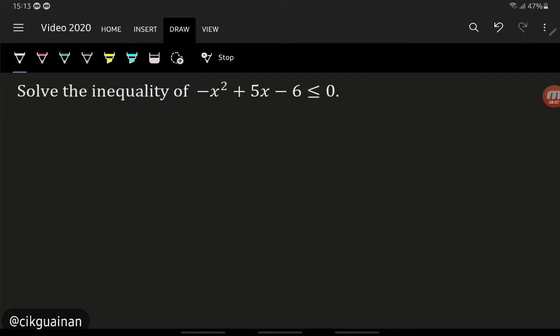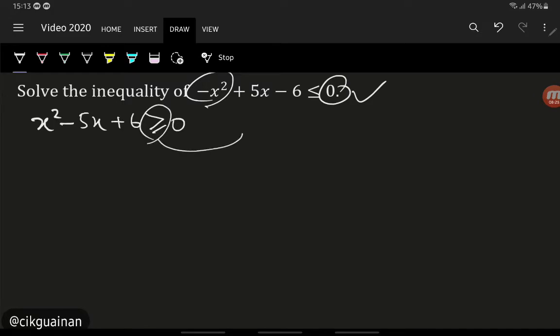So the first one, this one is 0, settled. This one is negative. What to do? Multiply. So we have x squared minus 5x plus 6 greater than or equal to 0. Why greater? Because I multiplied this by negative 1 already.